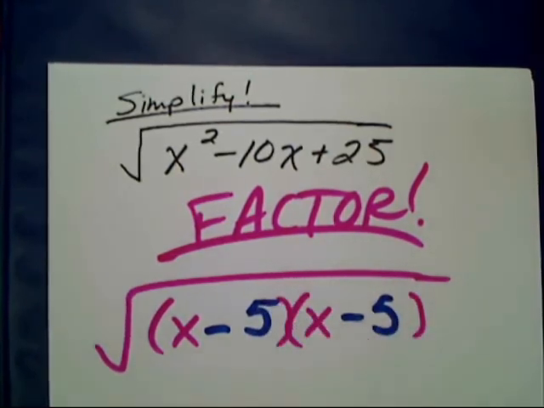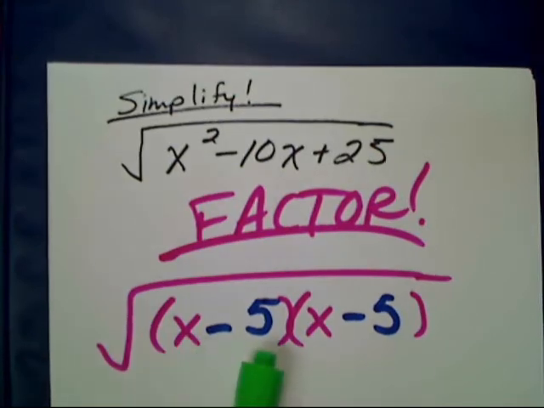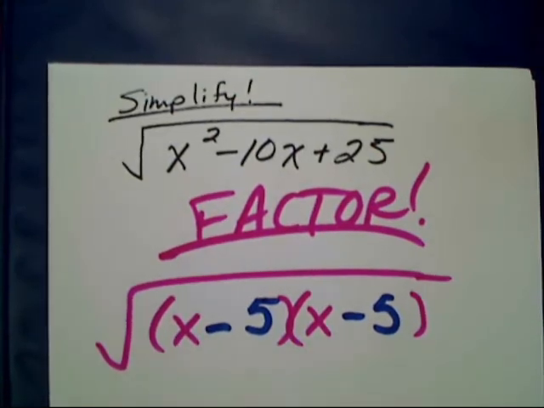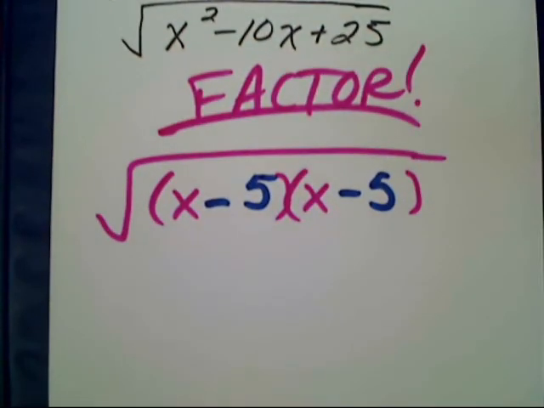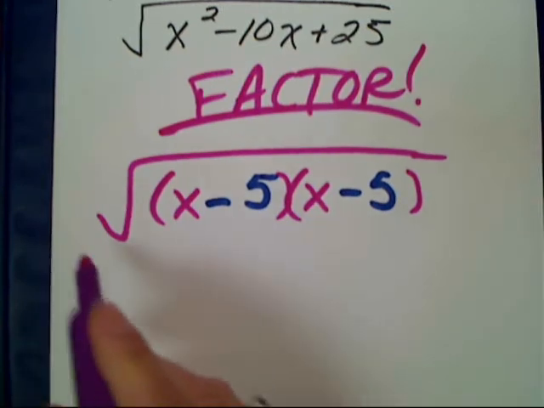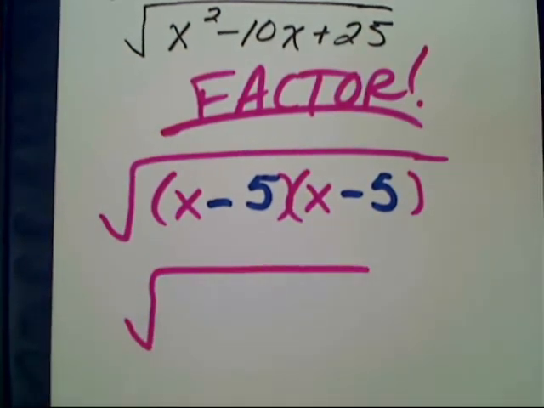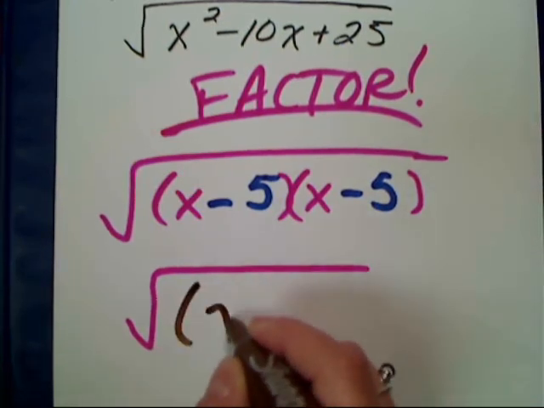Okay, so it factors. Now, what do you notice about the factors? The factors are the things that are being multiplied together. So my factors are x minus 5 and x minus 5. What do we notice? They're the same. Anything that's multiplied by itself can be written as what? Now don't lose the fact that you still have the square root. Anything multiplied by itself can be written as a square.